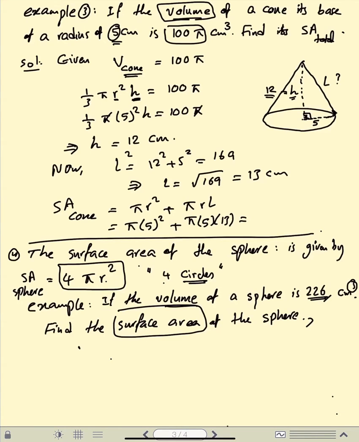That is 25 pi plus 65 pi, which is 90 pi in terms of pi. Or if you want it in decimals, to 3 significant figures, 90 times pi is 283 centimeters squared.